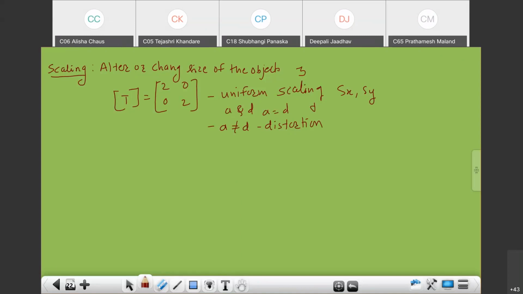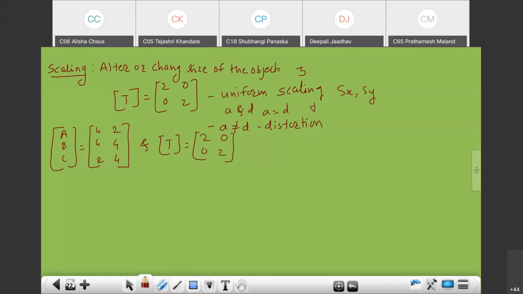Now we are going to see it with an example. We consider here a triangle ABC with coordinates 4, 2, 4, 4, 2, 4, and the transformation matrix T is equal to the same, 2, 0, 0, 2.